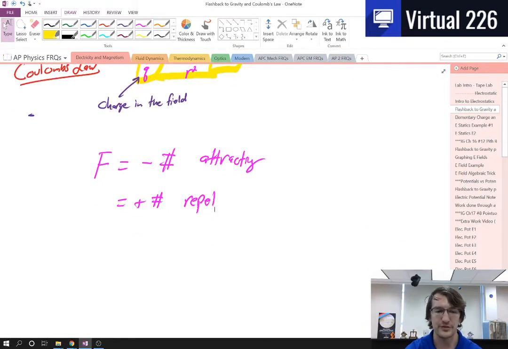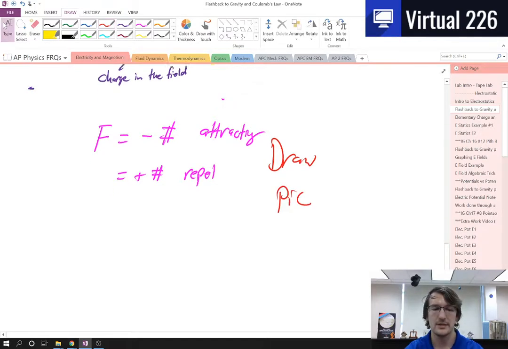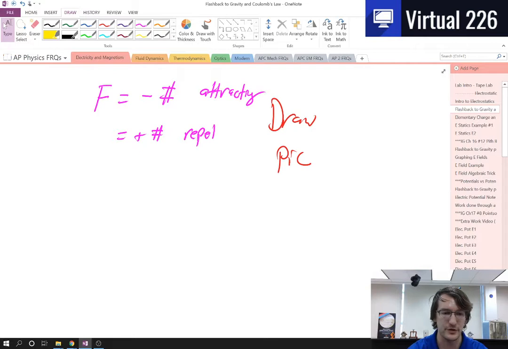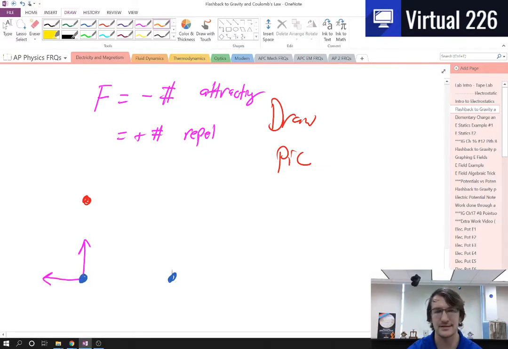Whenever we start adding forces together, what I'll recommend, and I'll definitely recommend this in later videos, is even if you have positive and negative numbers and you think you know what they mean, drawing a picture is super helpful. Whenever we're looking for net forces on objects, we'll be able to say, look, if here is an electron and here's an electron and up here is a proton, I know this electron is going to be attracted here and repelled here, which means my net force when I add these together will move upwards and to the left by some amount.